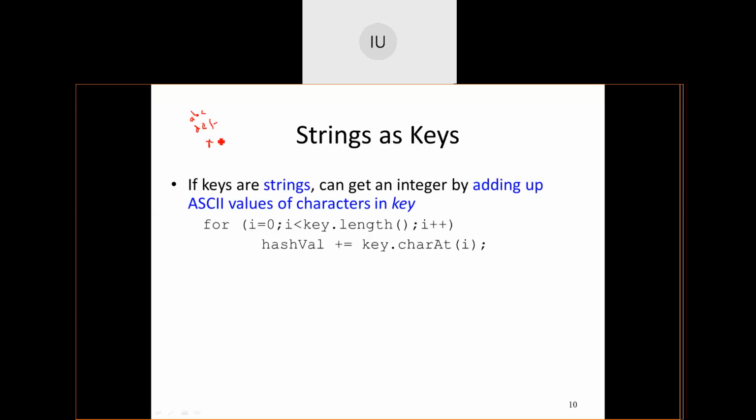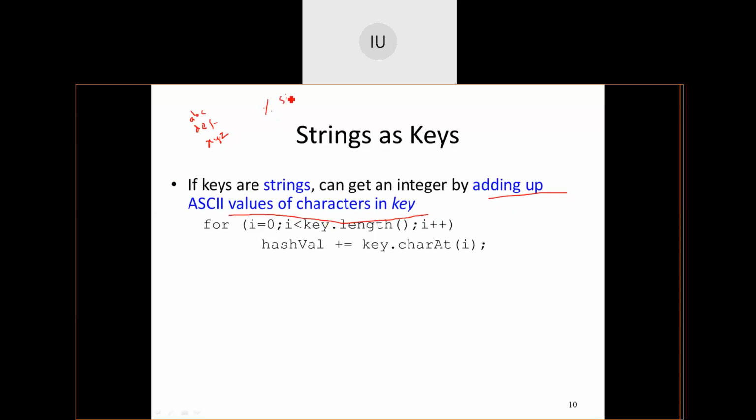These are the string elements that need to be stored in the hash table. What you can do is apply a hash function like this: add up the ASCII values of the characters in the key, and to that, apply mod table size.